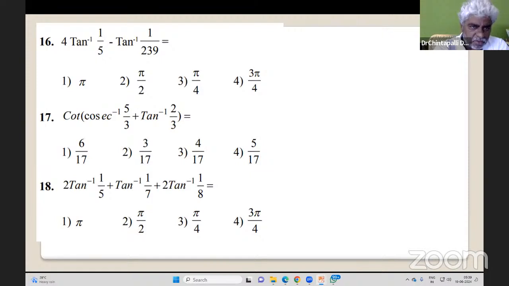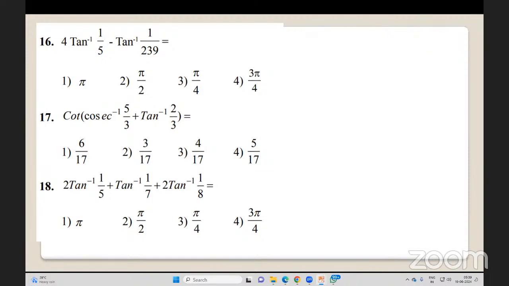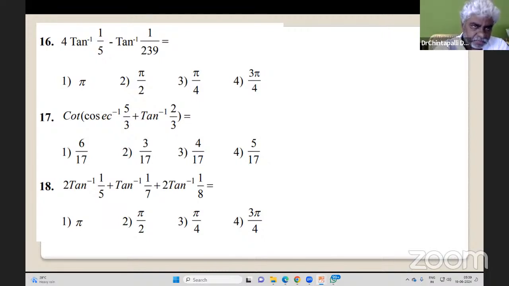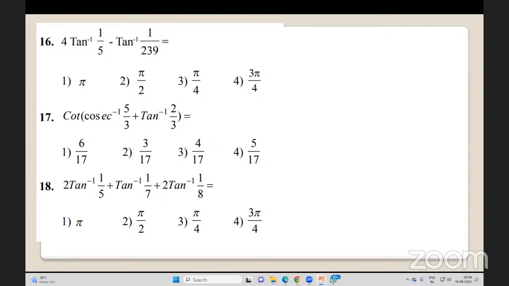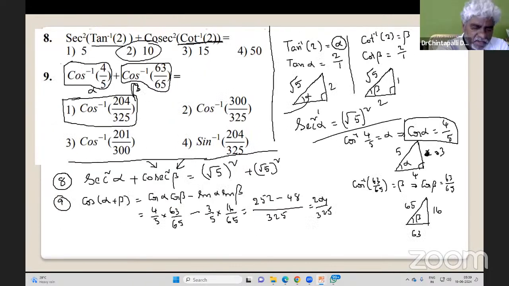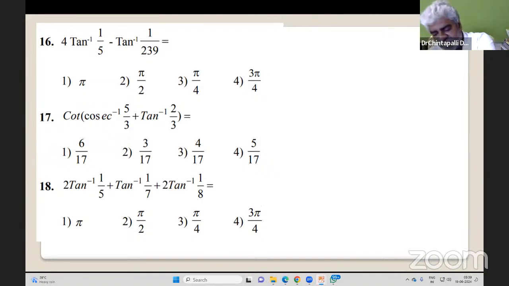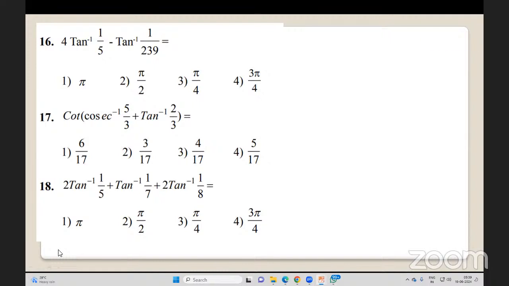And also 17th and 18th. Take a screenshot of them. Yes, sir. You can do 16th also. 16th, 17th, 18th. I'll try, sir, if I can do it. Yeah, try them. Go through that file and try to solve the sums. Yes, sir.